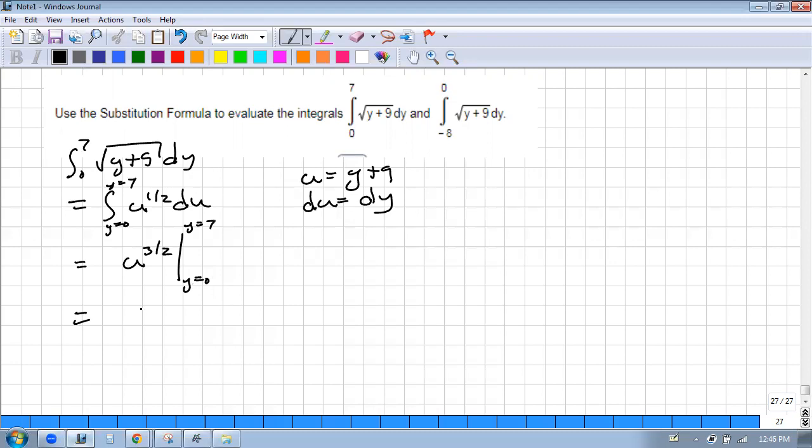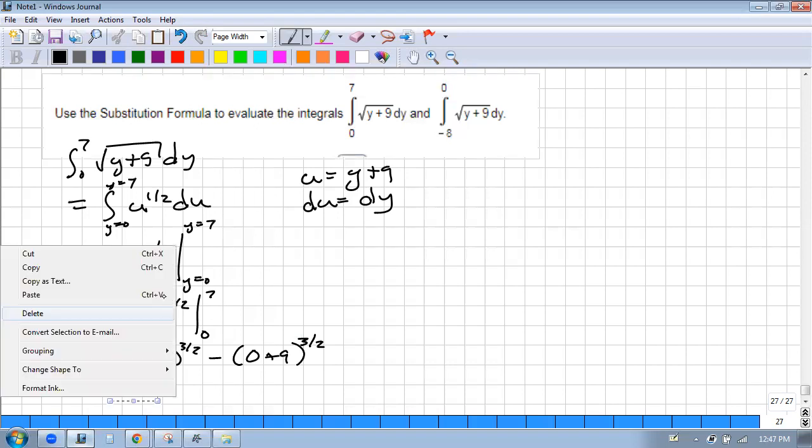But u is y plus 9, to the 3 halves. Now I can just write 0 and 7 because it's assumed that if I don't write letters here, it goes with this letter. So then we plug in 7 and plug in 0. So this is what, 2 to the 3 halves?